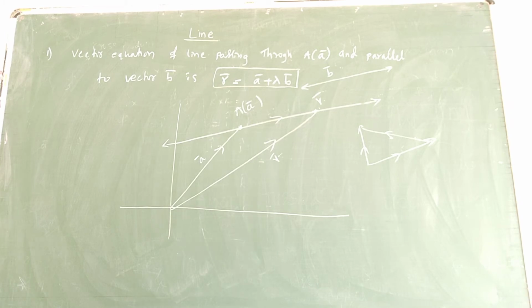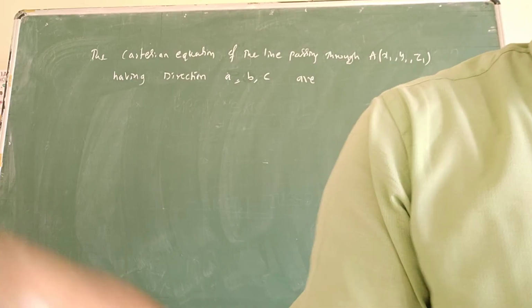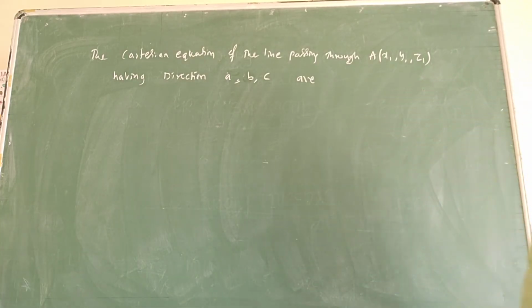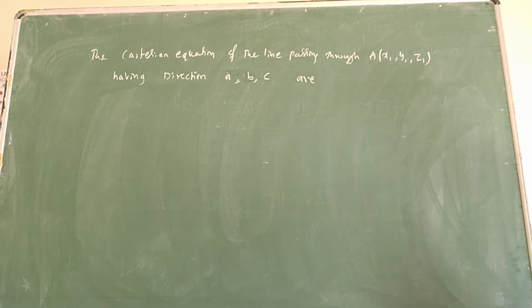And then another one is Cartesian form. Write it down. Next point is Cartesian. See, what is the Cartesian form of a line? Here, a line passing through a point and directions are given. A, B, C are the directions, and the passing point is given as x1, y1, z1.